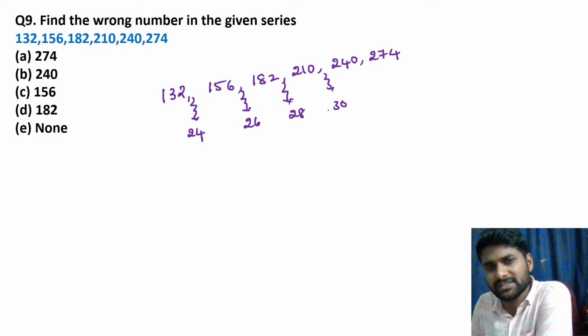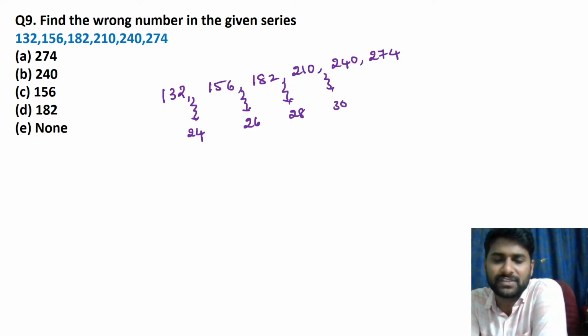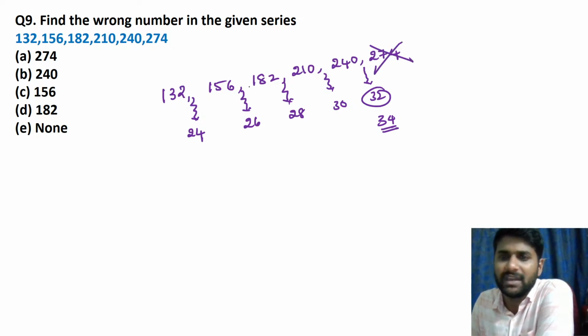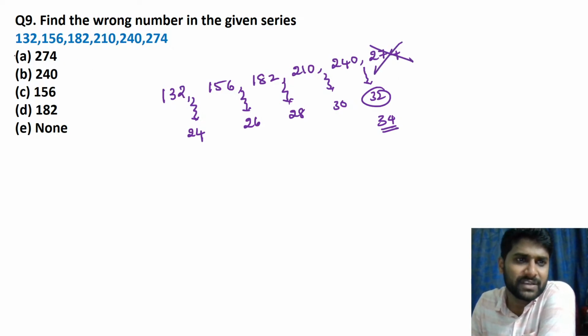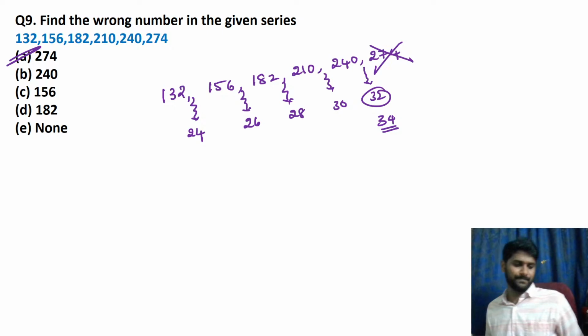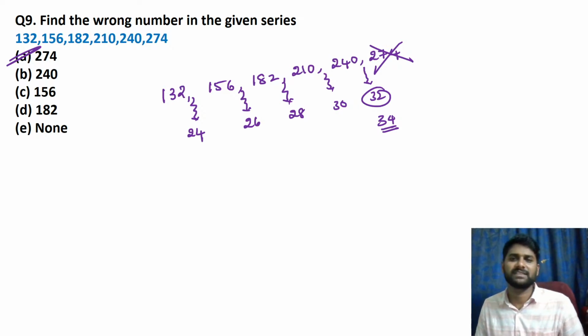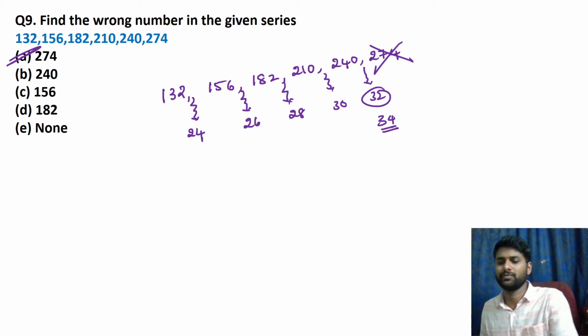Definitely the next number is 30. It maintained a common difference of 2 to 2 only. So we required that the next difference is 32, but instead of 32, here the difference is 34. So that's why in the given numbers, 274 is the wrong one. So here the wrong number in the given series is 270.